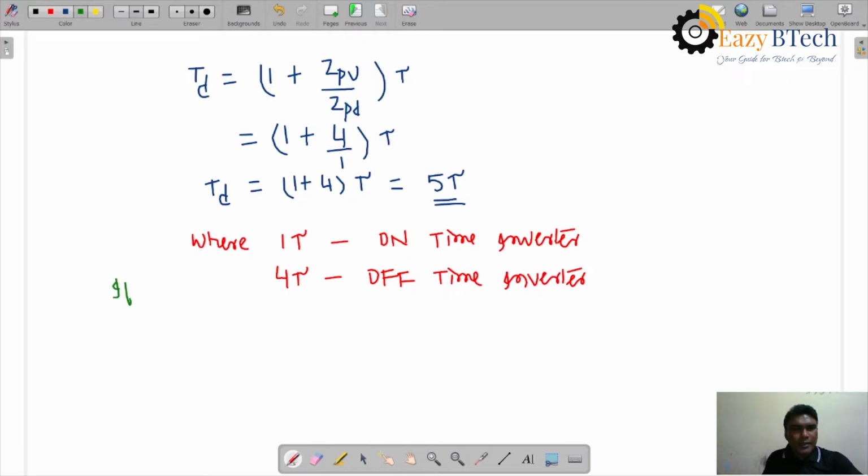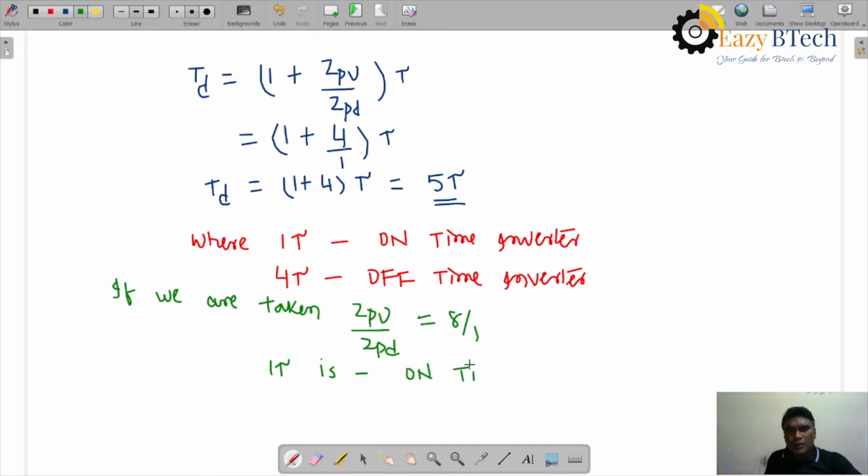If you take Z pull up by Z pull down equal to 8 by 1, you tell me, what is the on time, what is the off time, right? 1 tau is the on time, and 8 tau is the off time.